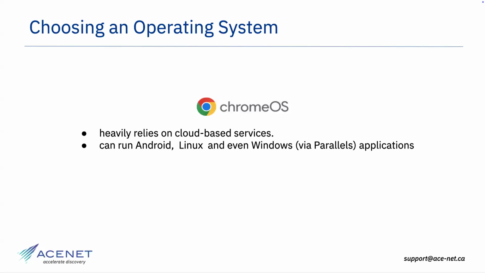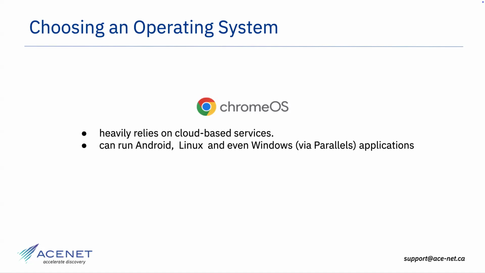Chrome OS was originally limited to apps that could run inside the Chrome web browser. But over the years, Chrome OS has evolved into a modern and actually quite versatile operating system.